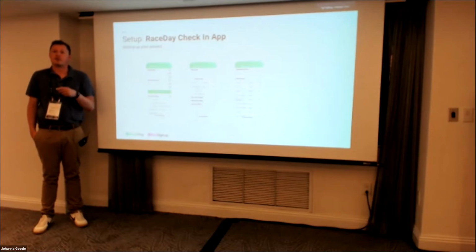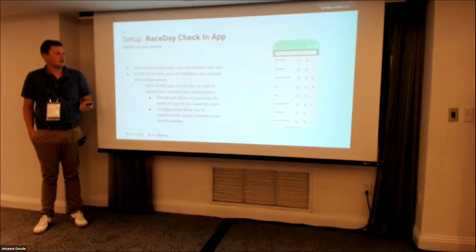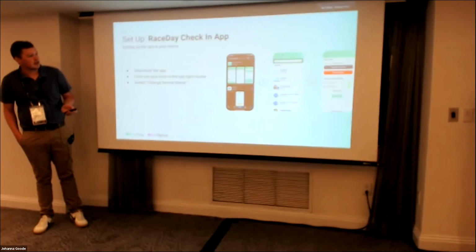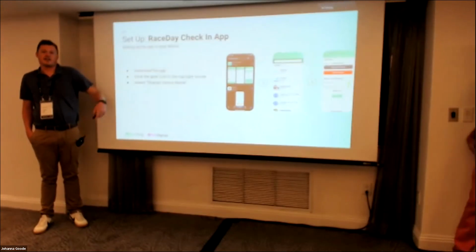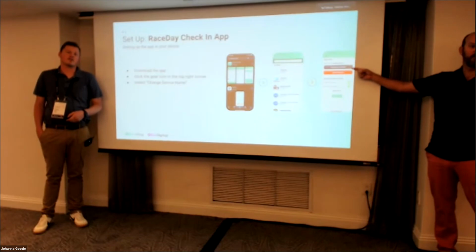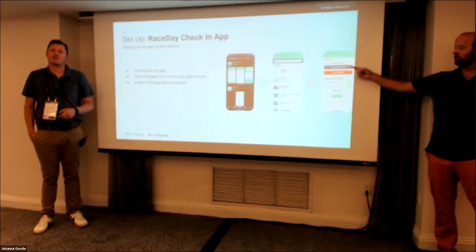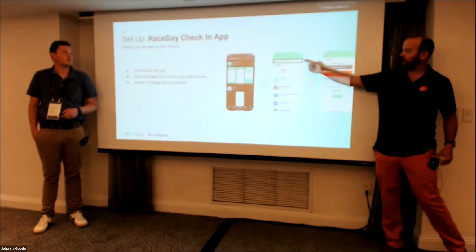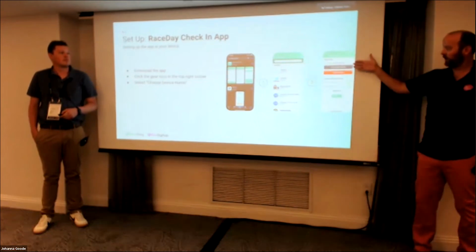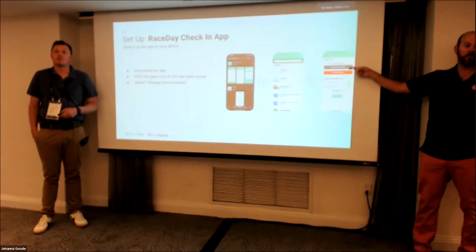If you are loading the device for the first time, it'll ask you to assign an identifier. It's the image all the way on the right there. And you can change the device name. If you're on the race name and click this gear, it brings you in here, and you can hit the black change device name.